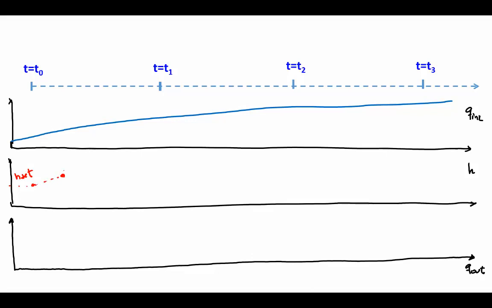The Q outlet was at a value and remained there, but then the controller saw that the height is going up, so for the next time step it increased the value, opening the valve, so increasing the Q out.